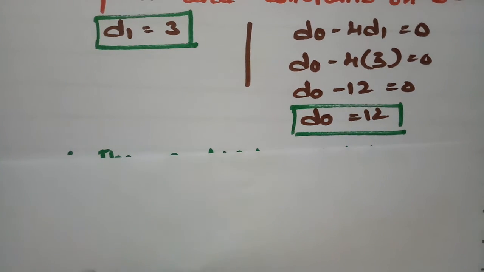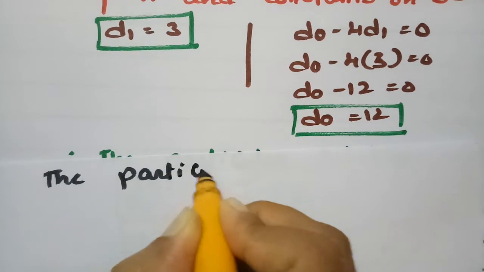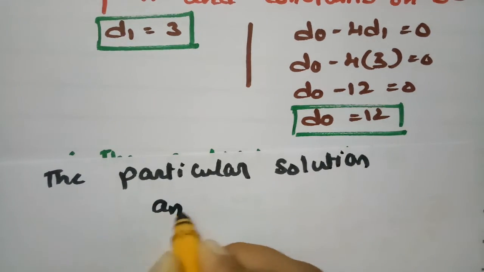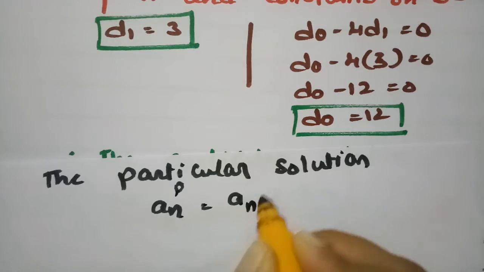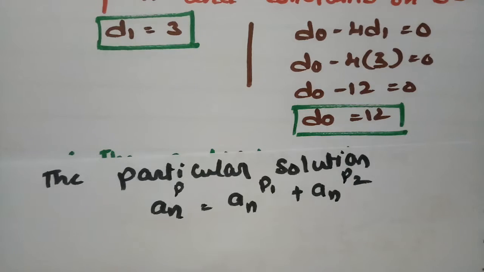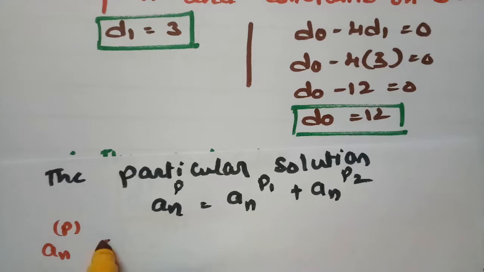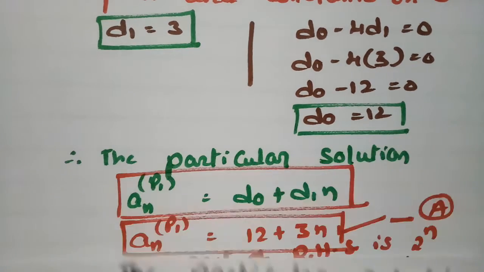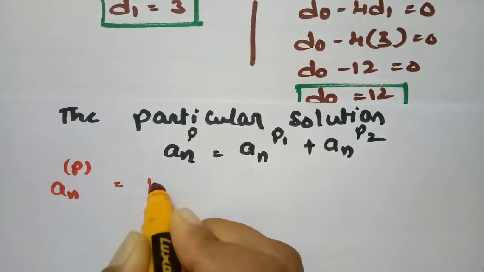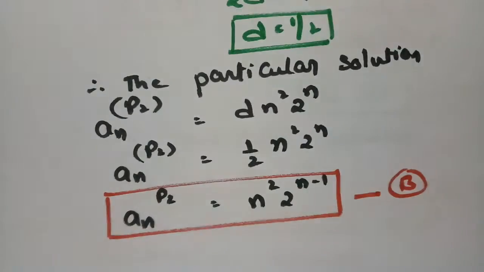Therefore, the particular solution an of P is equal to an at the first particular solution plus an at the second particular solution. What is the first particular solution? The first particular solution is nothing but 12 plus 3n.